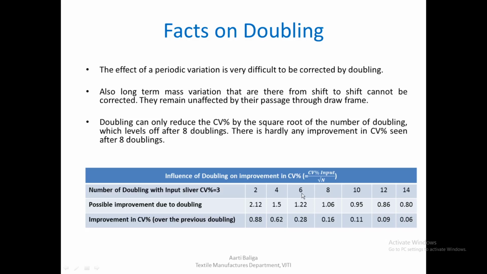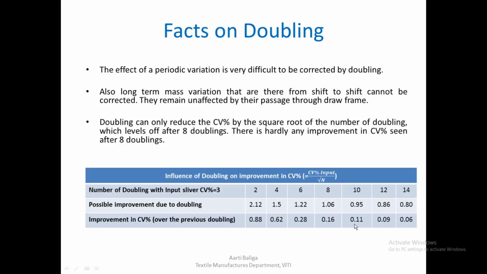In the same way we go ahead with 6 doublings, 8 doublings, 10, 12 and 14, and continuously we see some improvement in the output sliver. That means the CV goes on reducing, but the rate at which it is reducing becomes lower and lower, and the improvement just flattens off.